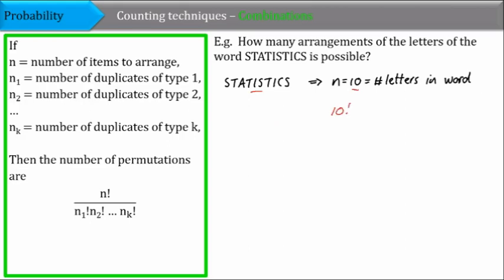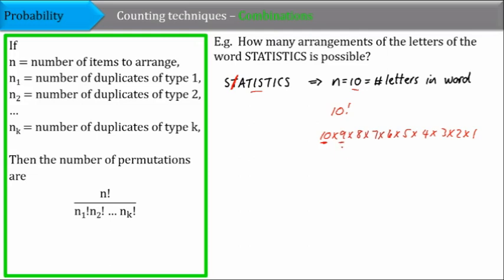So if we want to arrange those 10 letters, then the number of arrangements will just be 10 factorial. Now remember, 10 factorial is 10 times 9 times 8, 7, 6, 5, 4, 3, 2, and 1. So this is saying we have 10 to choose from for the first position.